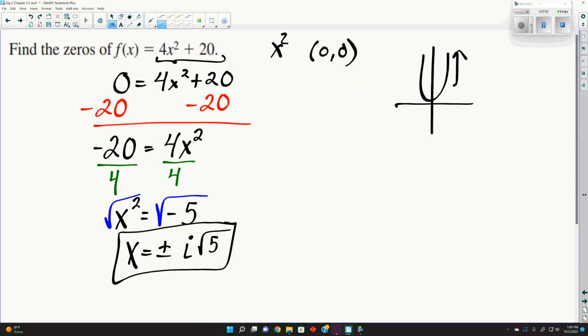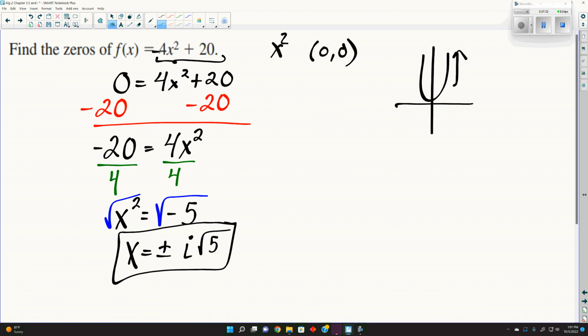And that's what's nice about it. It's not that we have to know exactly how it works and what it is. It gives us an idea of what the graph should do, what the function should do, what kind of solutions I should have. If it had been negative 4x squared, we know that it's going to flip it and go down. That means it should cross the x-axis.